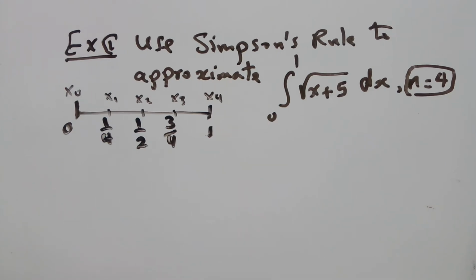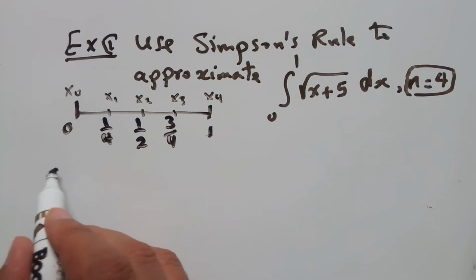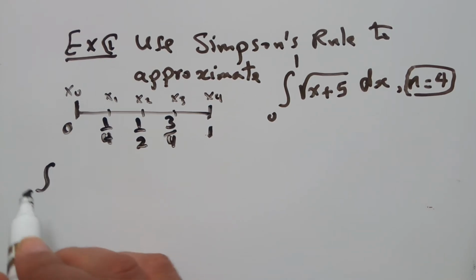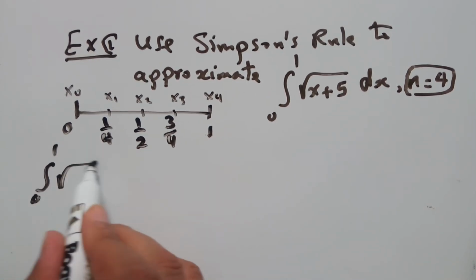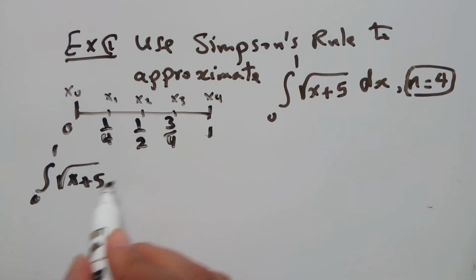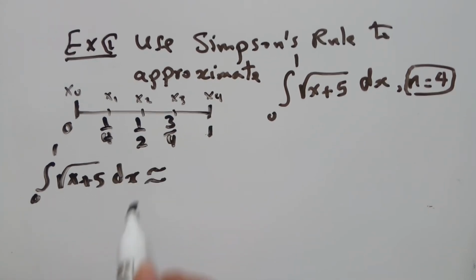I think you can apply Simpson's rule, which says the integral from 0 to 1 for radical x plus 5 with respect to x will be what? b minus a divided by 3n.